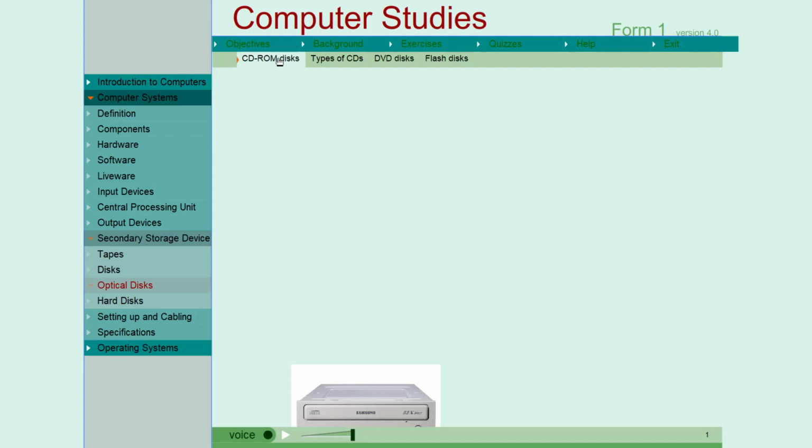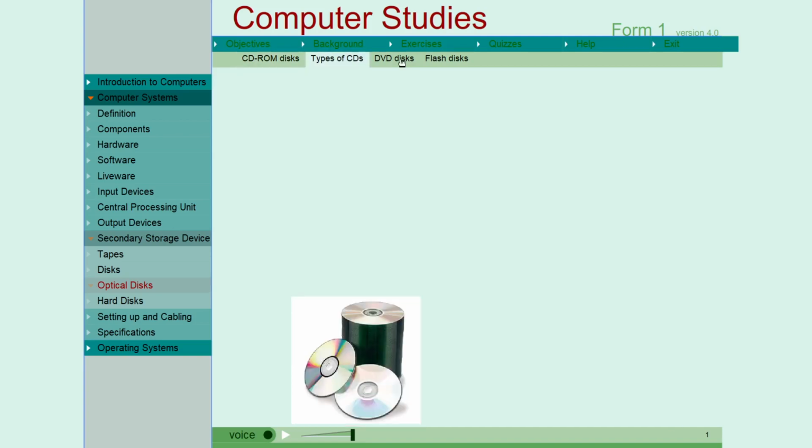It is an optical disk format used to hold data and software, such as pre-recorded text, graphics, and sound. The contents of CD-ROM are recorded at the time of manufacture and cannot be written or erased by the user. This feature makes CD-ROMs excellent media for software distribution. CDs have the following types: CD-ROM disks, CDR disks, CDRW disks.